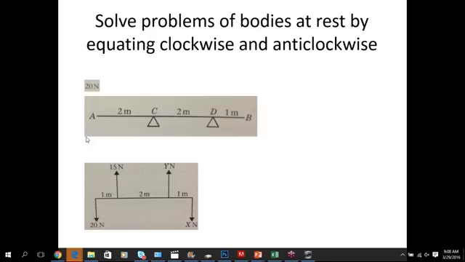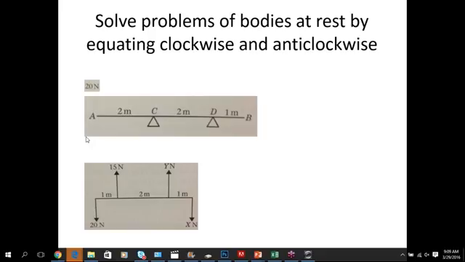We'll take moments about C, and then we've got which forces. You remember the center of gravity? Remember this one? You've got to draw this one in yourself. Okay, this is a 20 Newton not-light rod, which means it has a mass, and it's actually right down in the center.